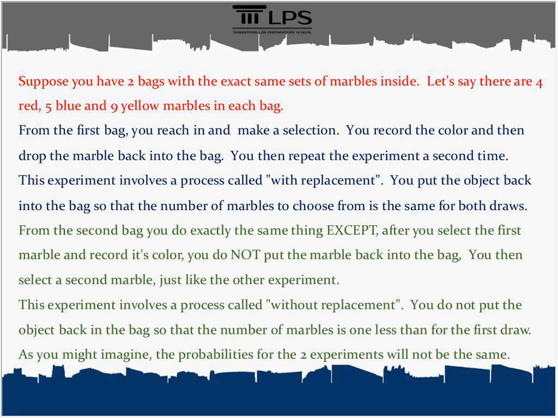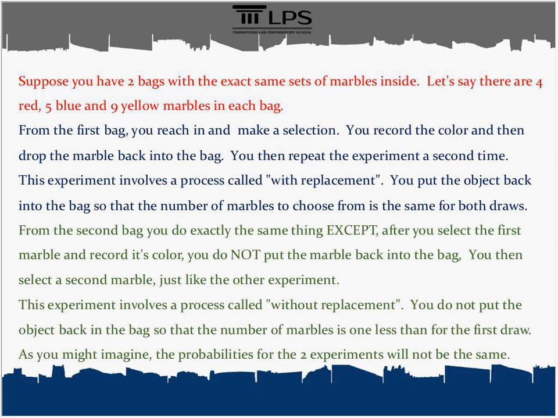With the exact same sets of marbles inside, let's say 4 red, 5 and 9 marbles in each bag. I am explaining both dependent and independent events. One bag is blue, one is green, so I explain both.